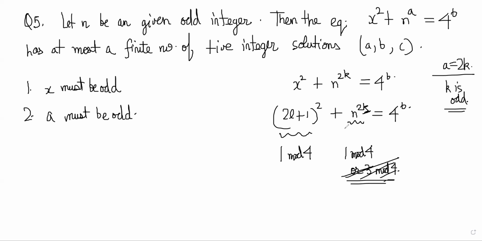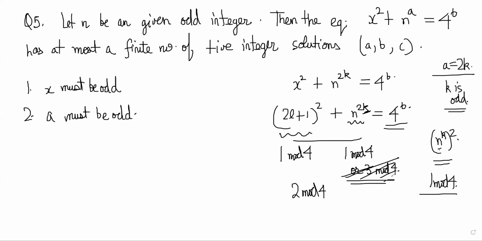In that case, an odd number to the power of 2k, right? So we can say that that is what? N power k whole square, right? And n power k is odd to the power odd. So that will be 1 mod 4, right? 1 mod 4 square will also be 1 mod 4. You are going to eventually get left hand side is 2 mod 4, but right hand side is 0 mod 4, right?